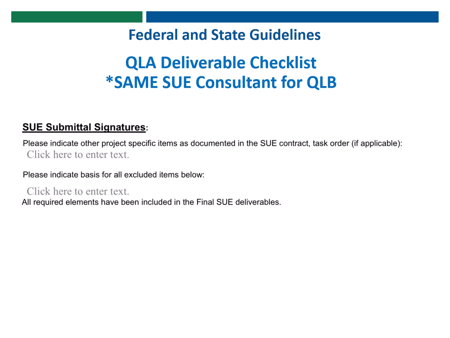So this is the signature page here. It says please indicate any other project specific items as documented in the SUE contract task order if applicable. If you've been issued a job order, or if you're one of our on-calls and you've been issued a job order, we have a good idea of what's in your scope.